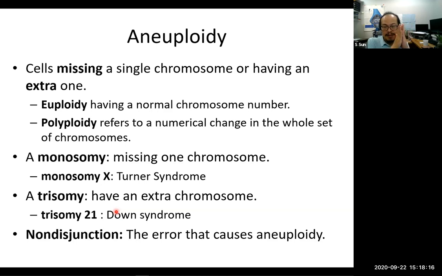This is called non-disjunction. The sister chromatids are supposed to be separated into two different daughter cells, but they are not. They basically fall into one. Then in that egg or that sperm, we have two chromosomes there, and in another egg or sperm, we are missing one chromosome.